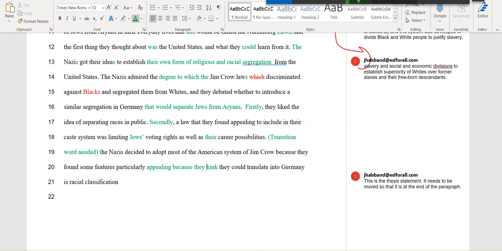Because they, this is saying think, you want to change it to past tense.